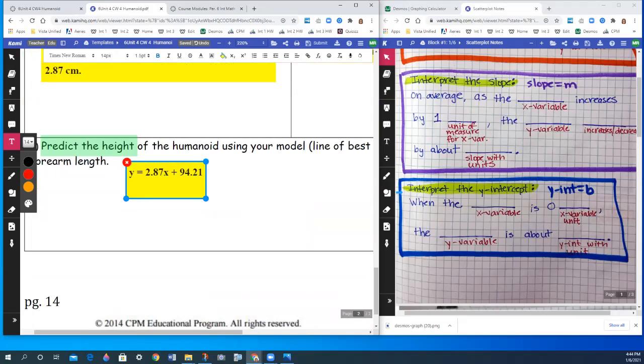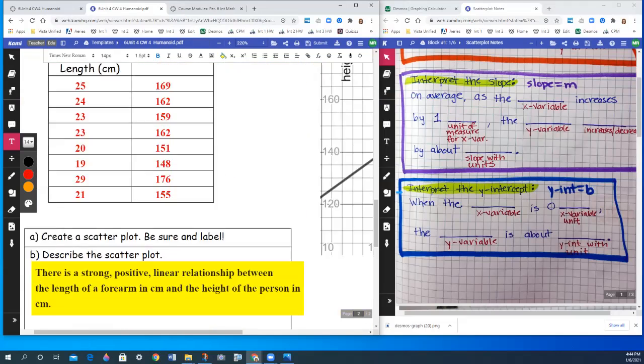So I'm going to go y equals 2.87 times 26.4 plus 94.21. I'm just double checking, making sure I'm putting in the right number.